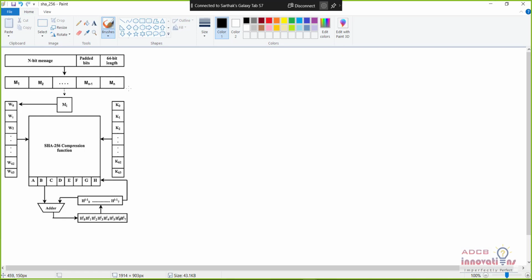Here you can see that the hashes are written like this: h0 with i minus 1, h1 with i minus 1, up till h7 with i minus 1.